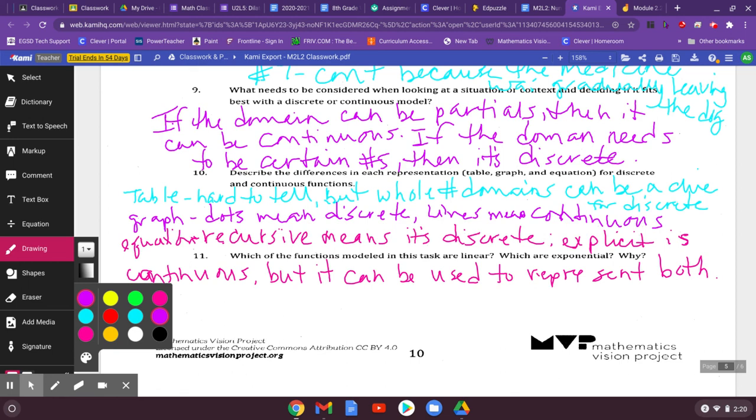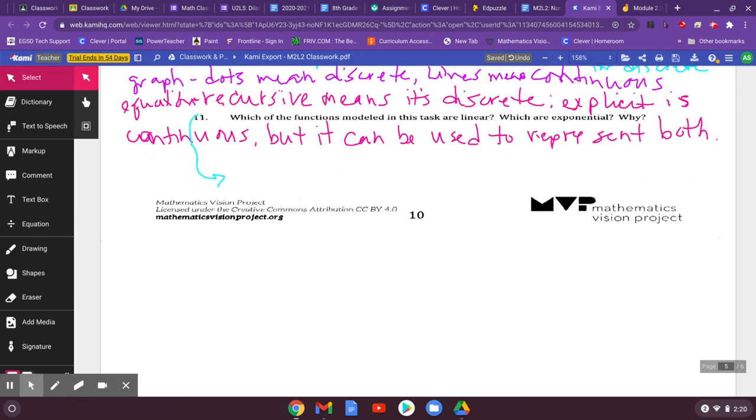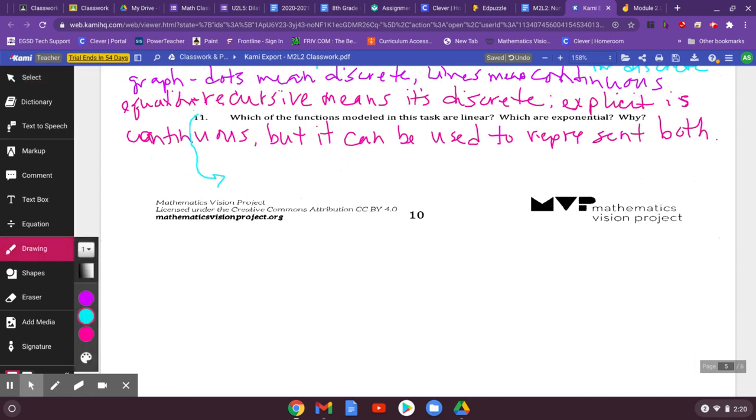Last but not least, number 11, I'm just going to make a little line and put it down here. We got a little space to go here. Which of the functions modeled in this task are linear? Which are exponential? Okay, so linear.